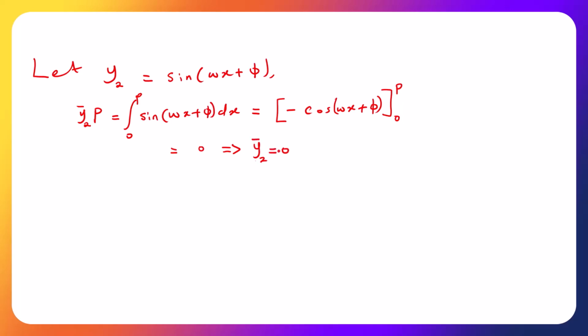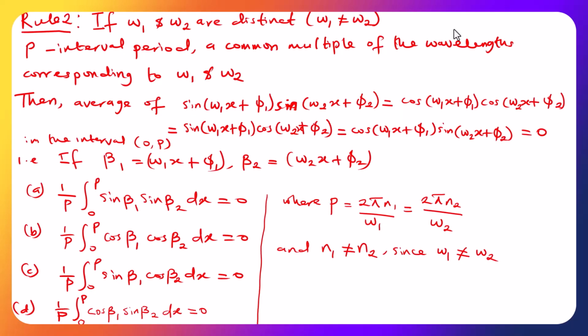So rule number 2: if omega 1 and omega 2 are distinct, that is, omega 1 is not equal to omega 2, and p is the interval period, a common multiple of the wavelengths corresponding to omega 1 and omega 2, then the average of the product of the sine or cosine of omega 1 x plus phi 1 with the sine or cosine of omega 2 x plus phi 2 for the interval 0, p is 0.